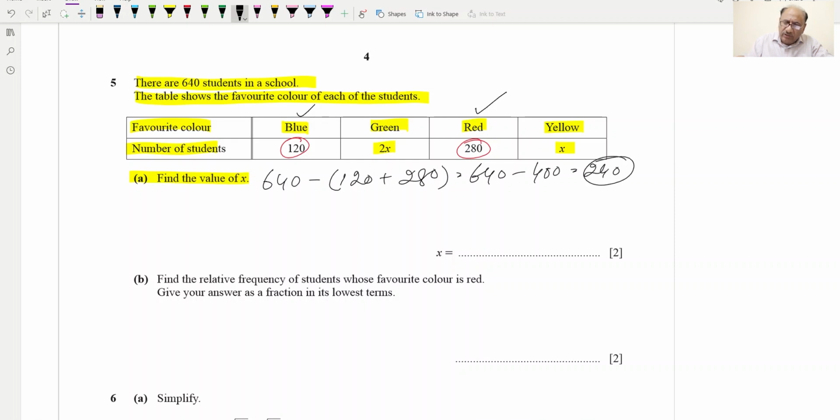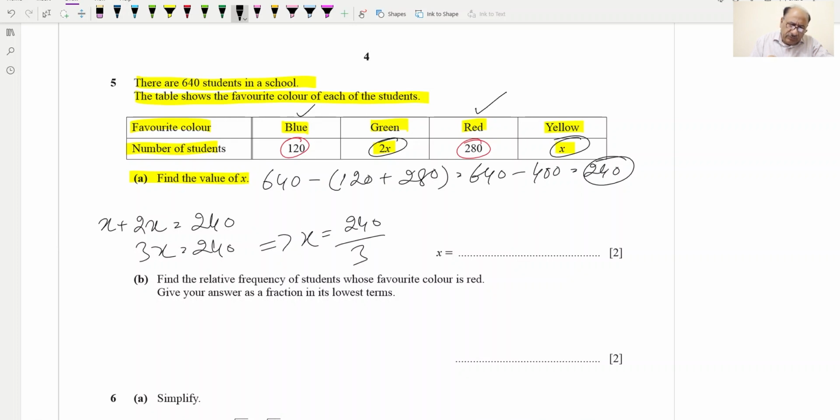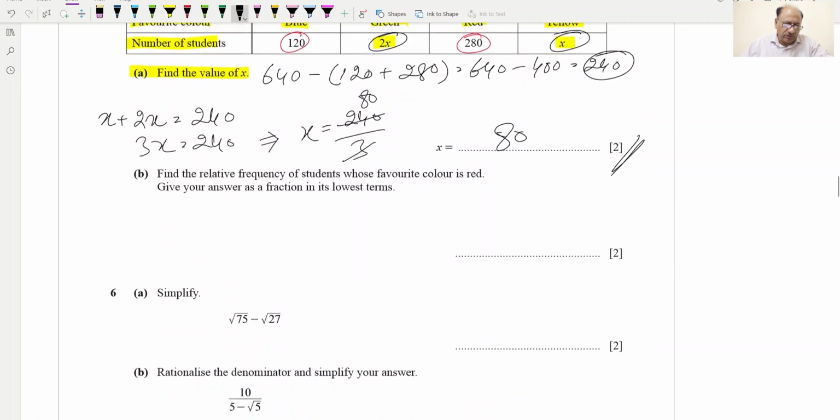So 240 are divided into yellow and green color, so we can write x plus 2x is equal to 240, and 3x will be equal to 240. This implies x is equal to 240 over 3, and 3 8s are 24, so 80 will be the value of x, which is for 2 marks.